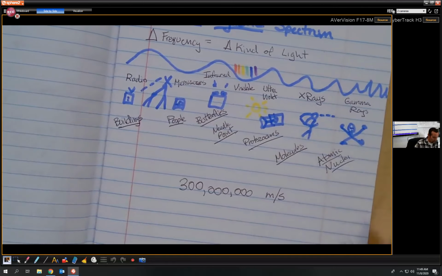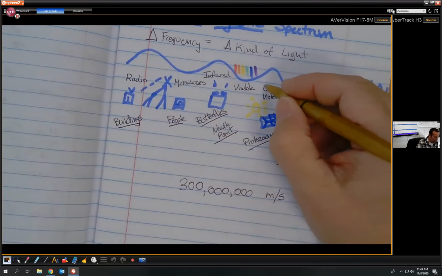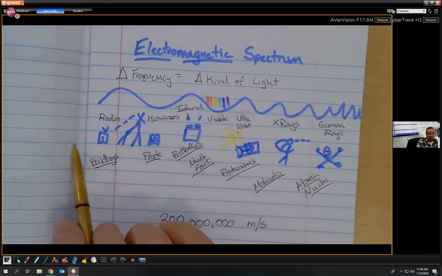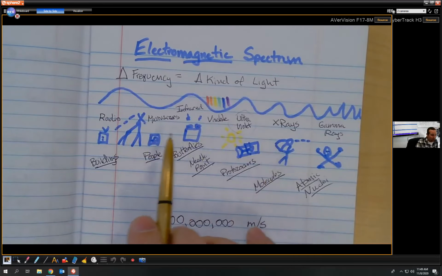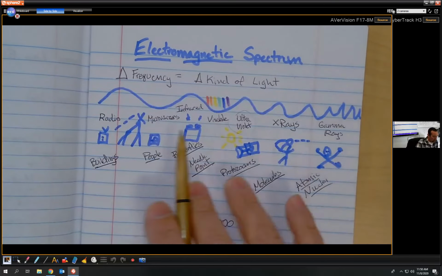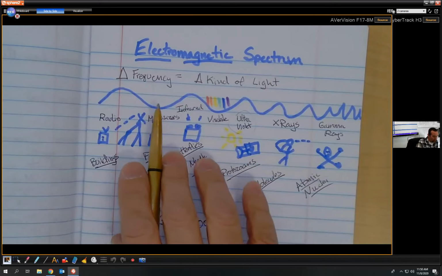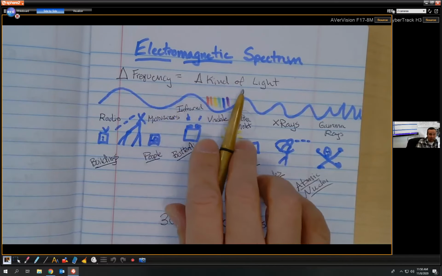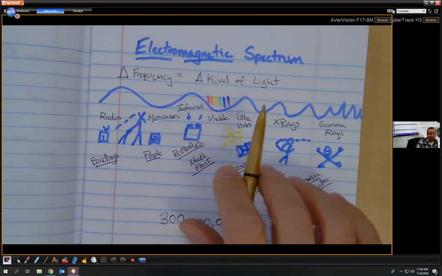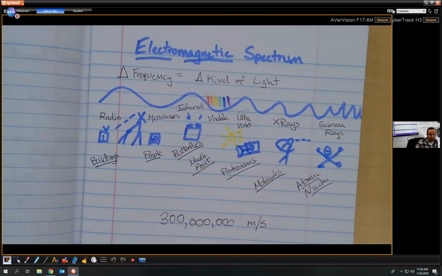So, as we round out the end of this discussion, I wanted to share this with you because we are talking about ultraviolet light. When we're doing the sims, you're seeing all of these different kinds of light, but I wanted to break it down for you. The key thing to know is that different frequencies of light make different kinds of light, and those different kinds of light have different properties.